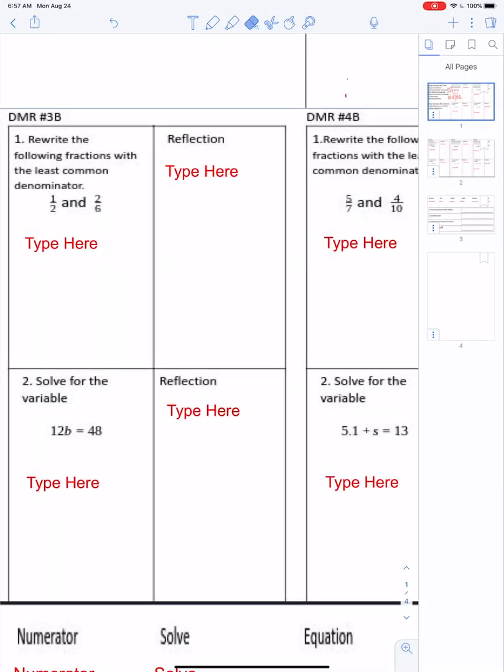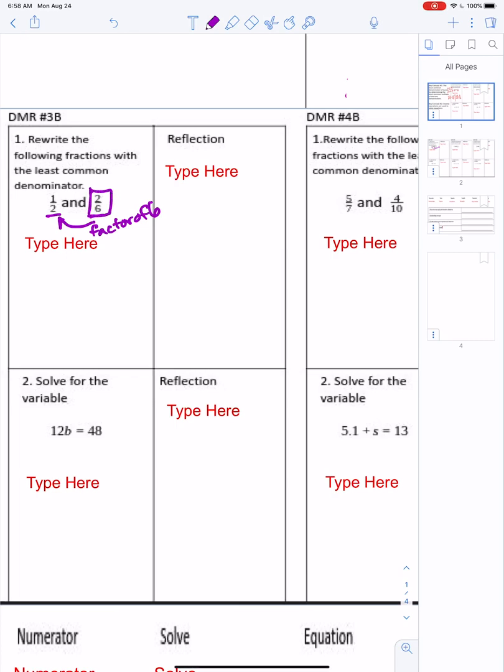Okay, we are going to do the DMR for today. And we are going to look at the two common denominators. And there are two ways to do this. Some of you may notice that 2 is a factor of 6, which would mean that the 6 does not need anything.